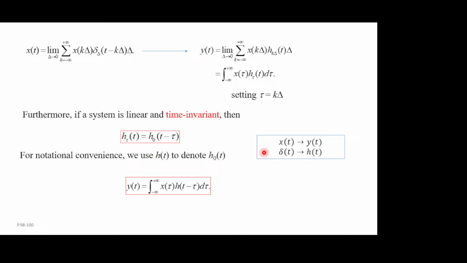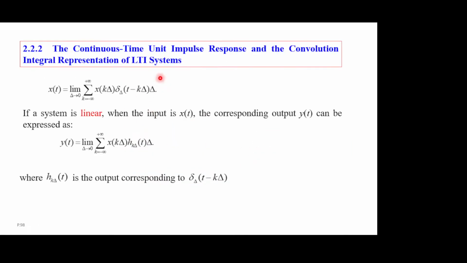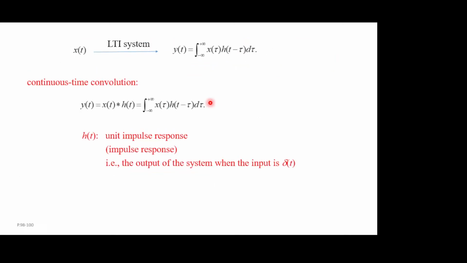Our derivation is just a little funny with all those triangles. The bottom line is you need to remember this formula, and you see it's very similar to the discrete time formula. In discrete time we have the summation of x sub k h of n minus k, and you are just changing summation to integral, k becomes tau and n becomes t.